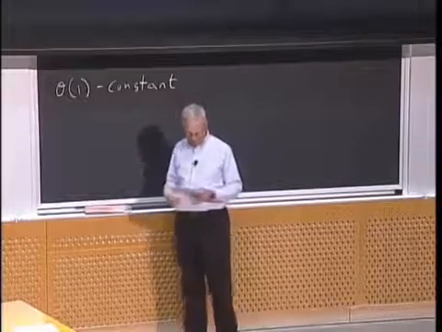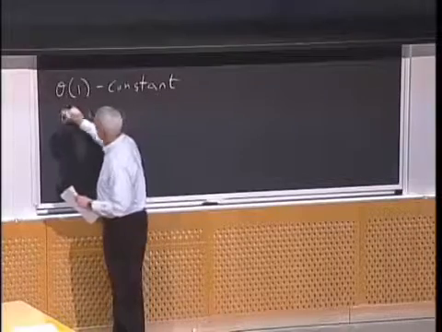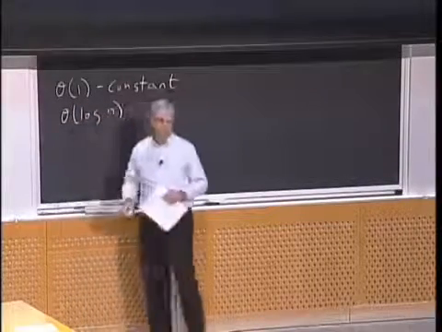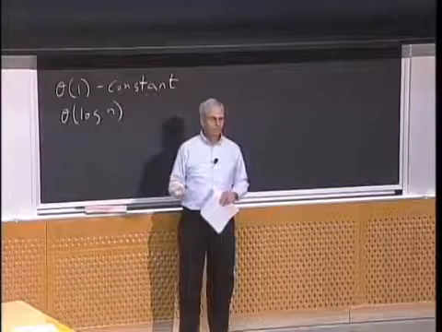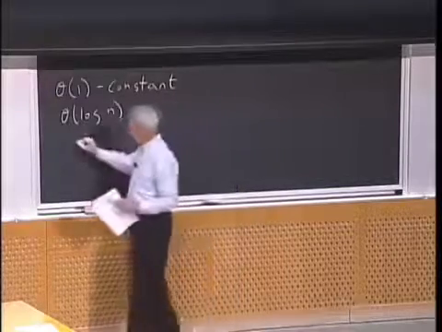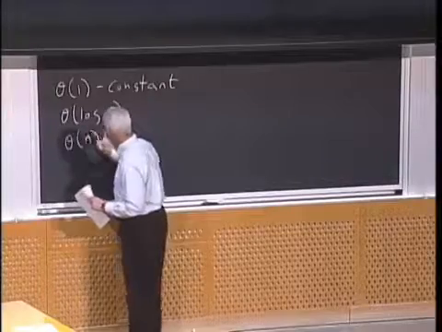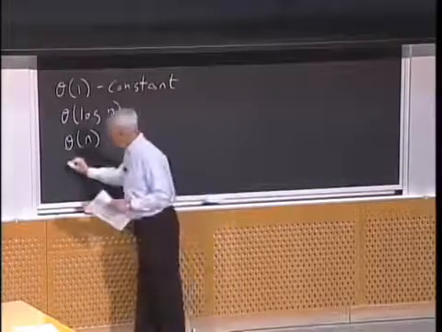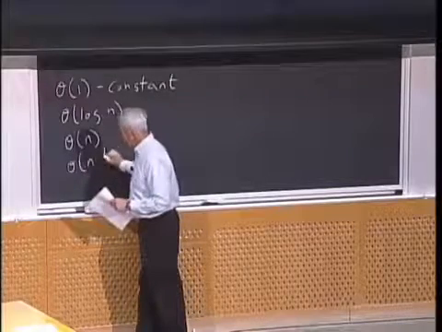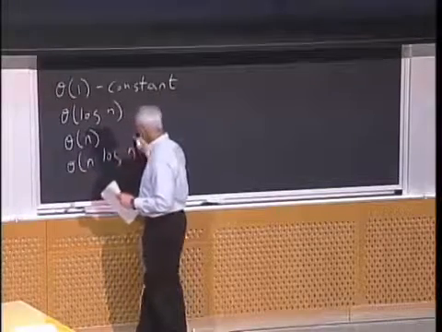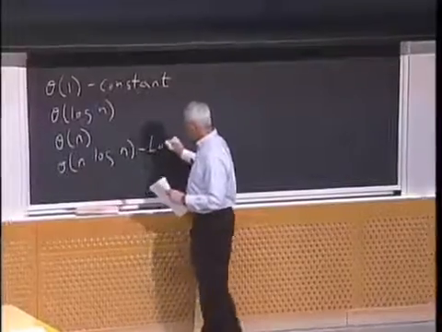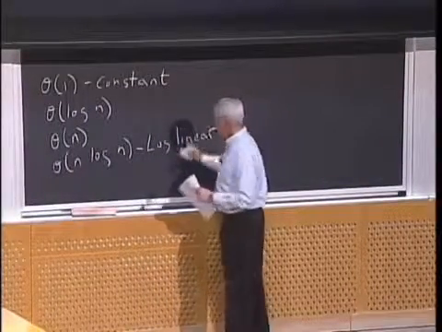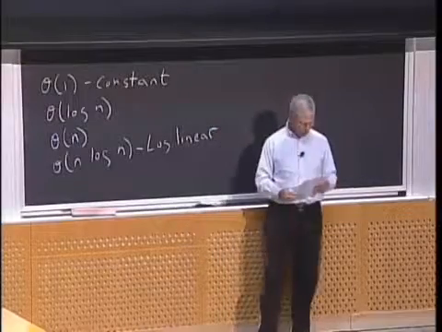It's constant. We often see order log n, logarithmic growth. That's order n, linear. One we'll see later this week is n log n. This is called log linear.